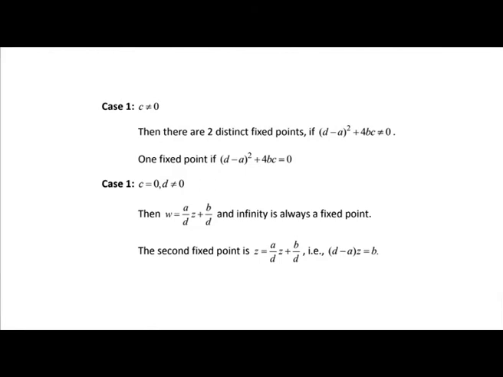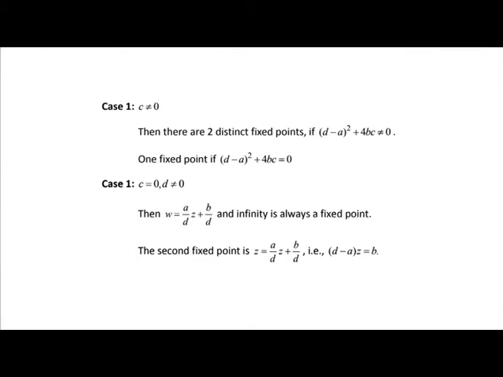Using the property of the quadratic formula, if c is not equal to 0, then there are two distinct fixed points if (d minus a) the whole square plus 4bc is not equal to 0, that is, the discriminant is not equal to 0.